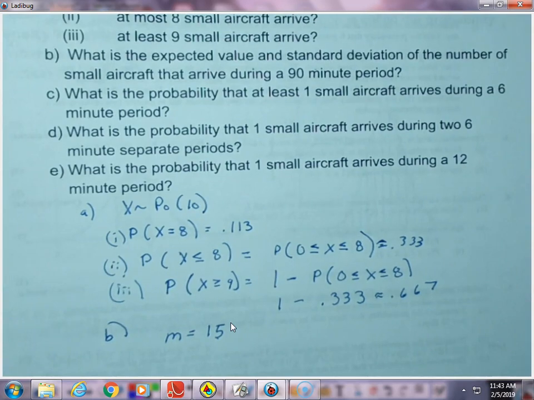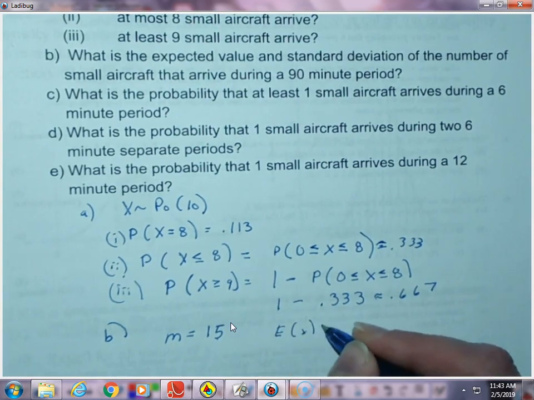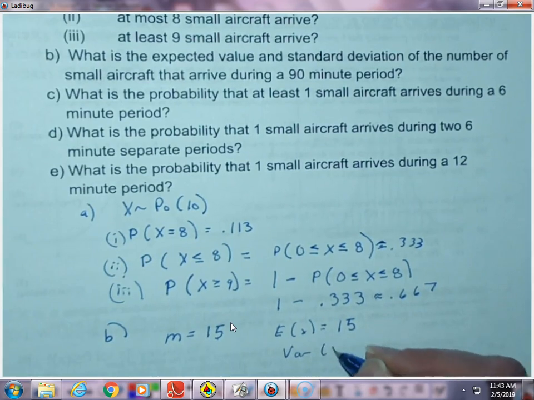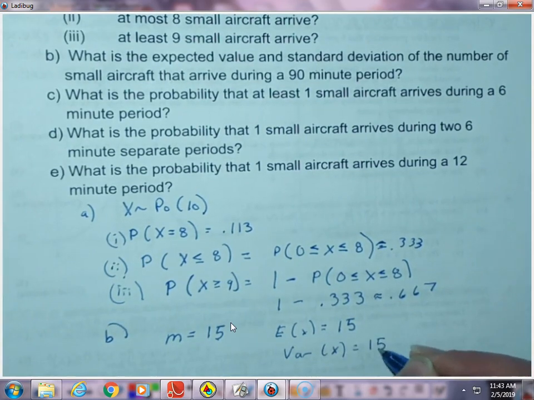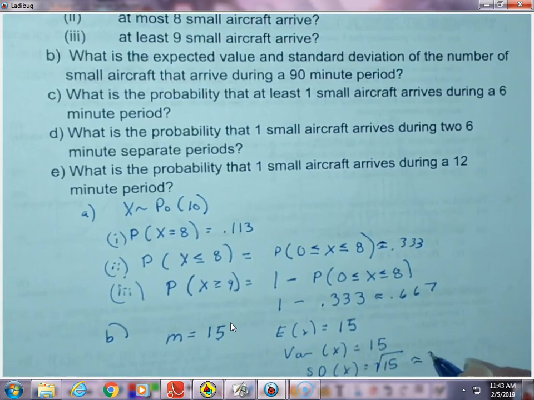Now, standard deviation would just be the square root of that. Yes. And it tells you that the expected value is the same as the mean, and that the variance is the same as the mean, on your formula sheet. So you are exactly right. For standard deviation, you just need to take the square root, which is about 3.87.